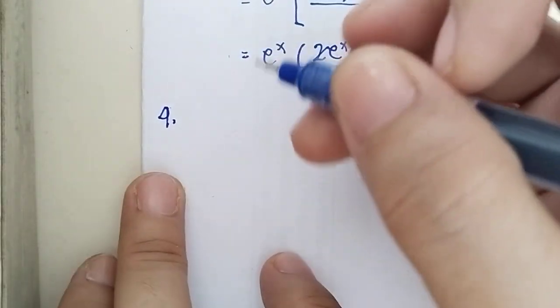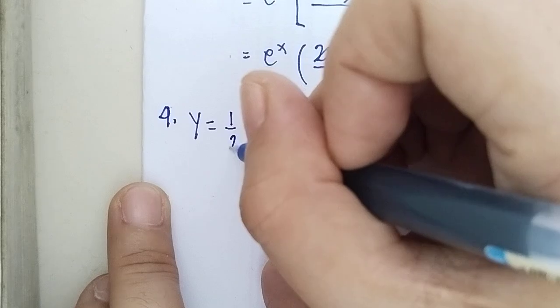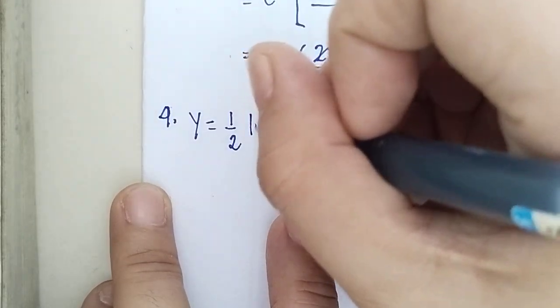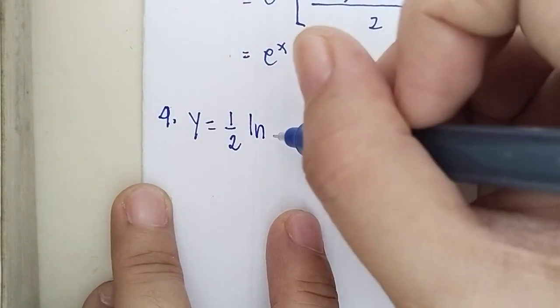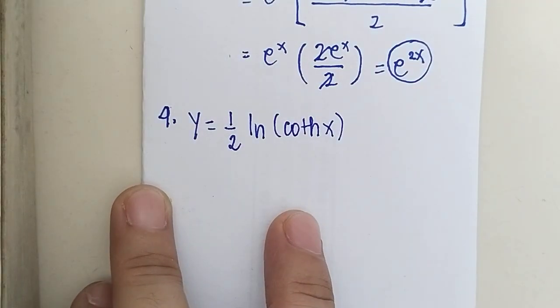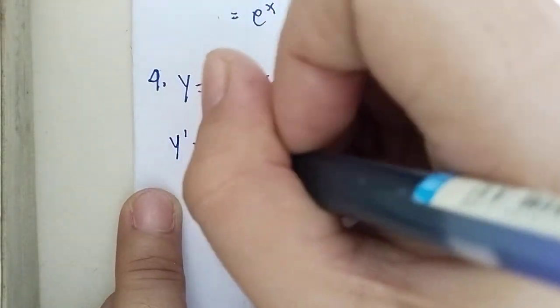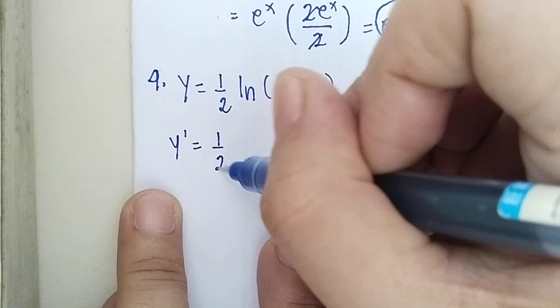So, number 4, that will be y equals 1/2 of the logarithm of hyperbolic cotangent of x. Okay. So, the derivative, of course, we have to factor out 1/2.